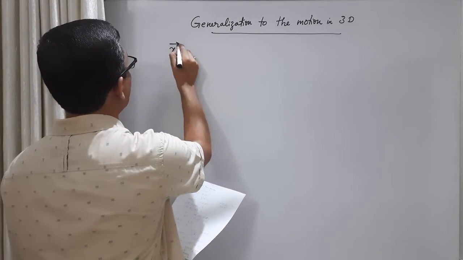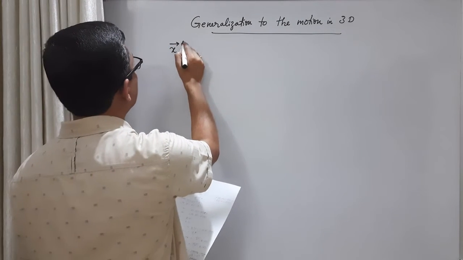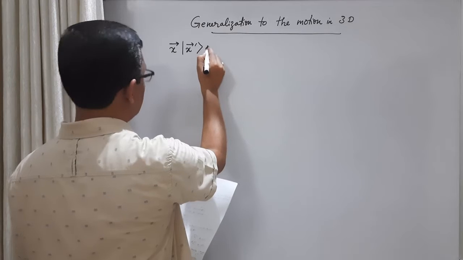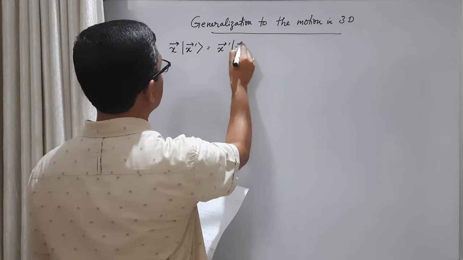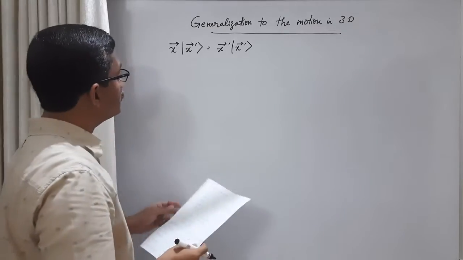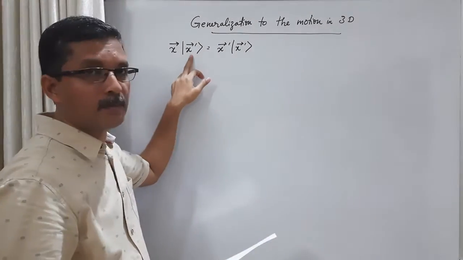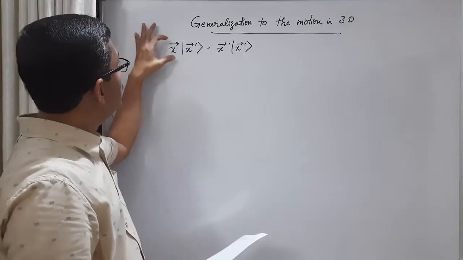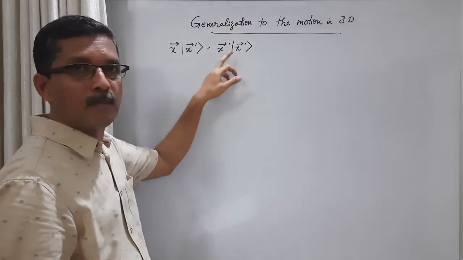The vector operator position, this is the position operator, but a vector operator, acting on the ket x prime is equal to x prime ket x prime. So this symbol ket x prime is a collective index for x prime, y prime, z prime. So this is the three-dimensional position operator, and this eigenvalue involves three components.